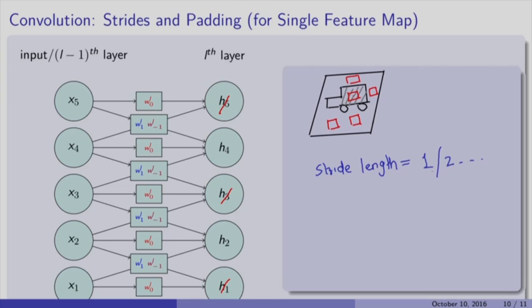When you adopt a stride length of say 2, it's possible that some of the patches, as they move onto the corner, tend to overflow, as you can see here.